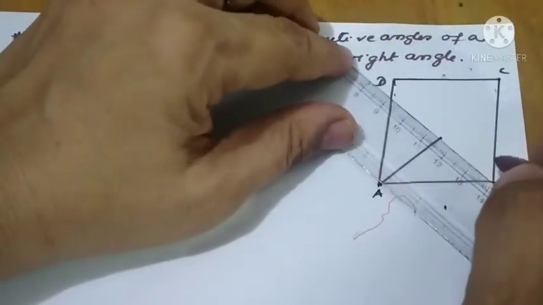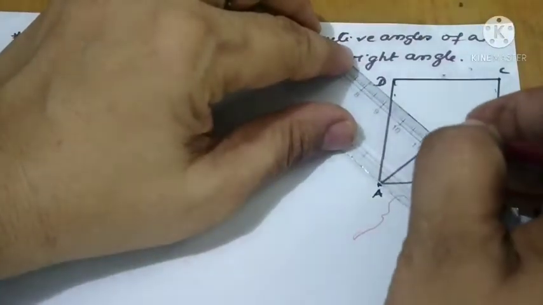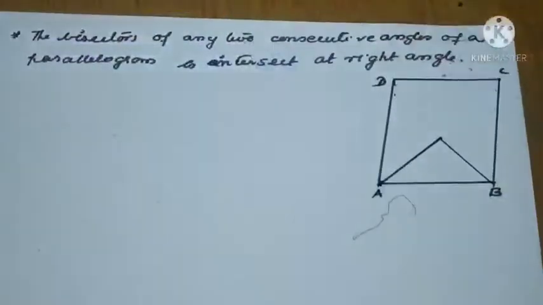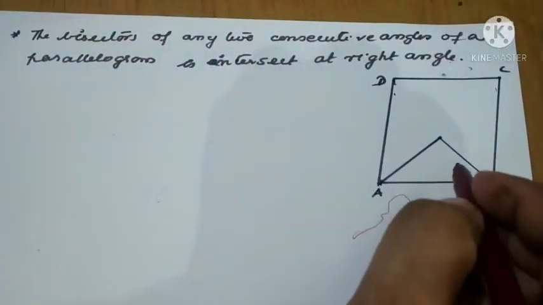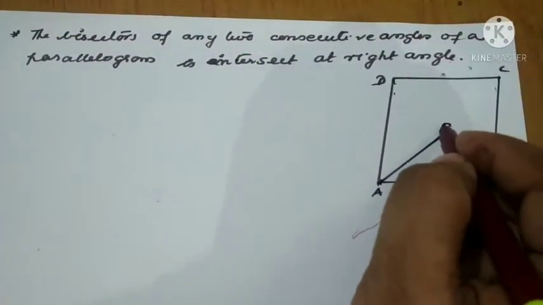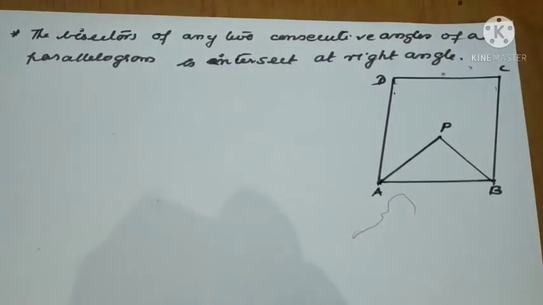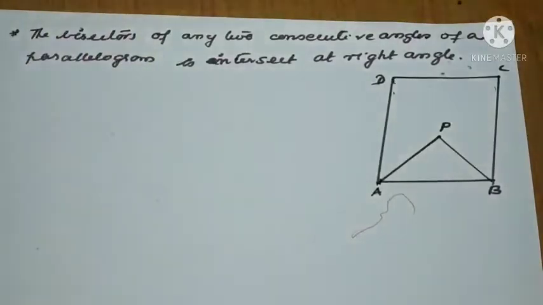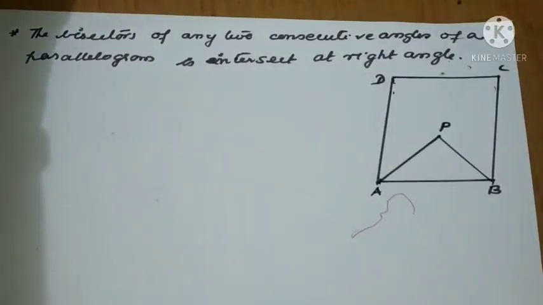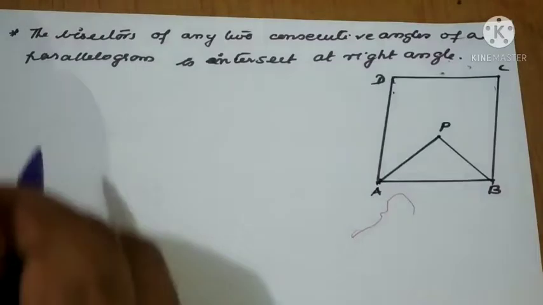They are telling intersect at right angles, so we have to prove that this angle is 90 degrees. So bisectors we have drawn. Let them intersect at P only. So angle P equal to 90 degrees we have to prove. So we'll write what is given in the question. Given ABCD is a parallelogram.